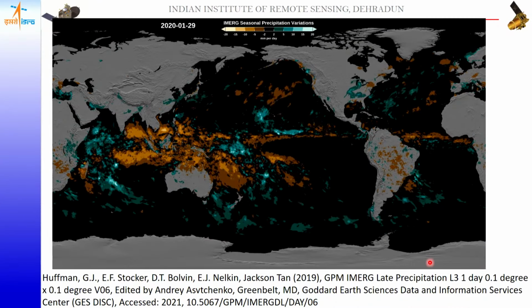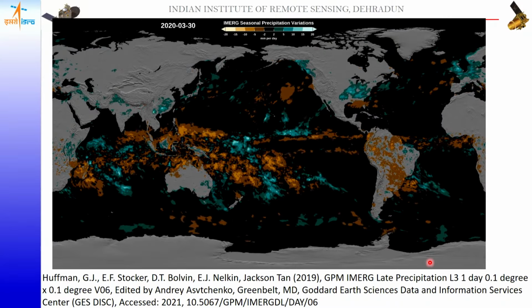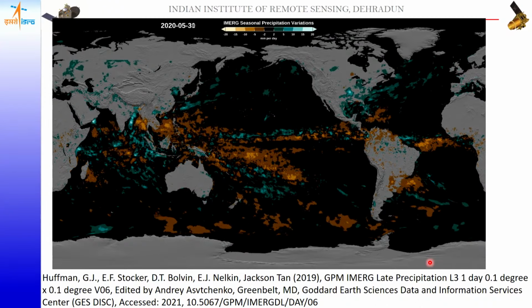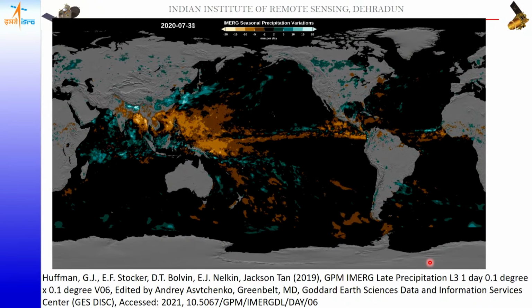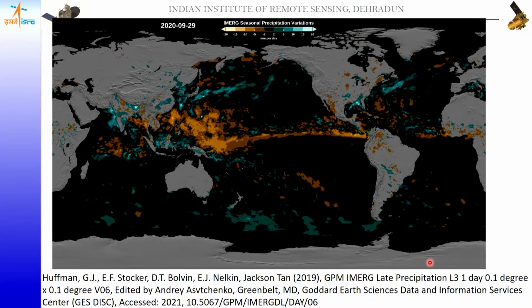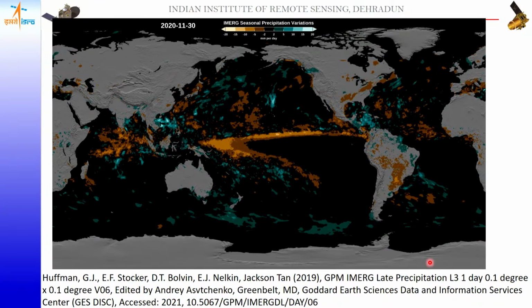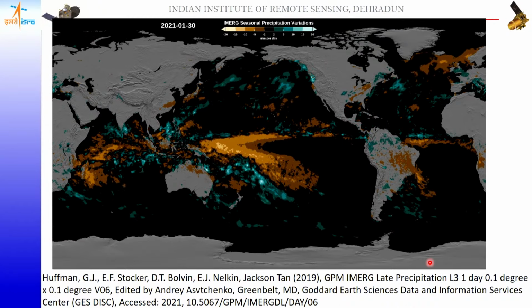What it does is combine the Doppler dual frequency precipitation radar working in Ku and Ka band with the passive microwave radiometer observations to give you global precipitation between plus and minus 60 degree latitude at half an hour time interval, covering 0.1 degree, approximately 10 kilometers, on the global scale.